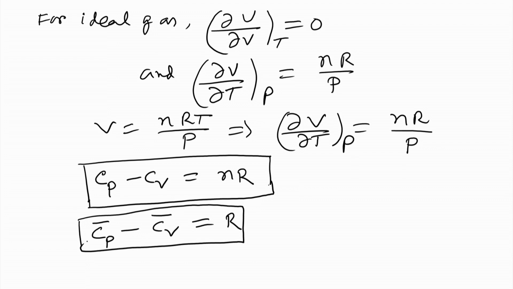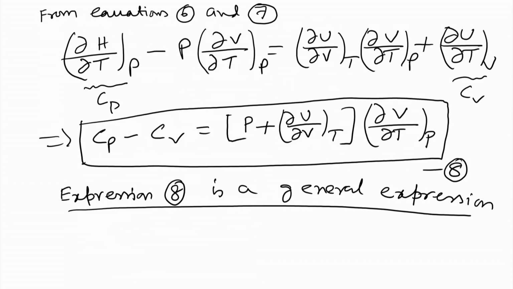Okay. So, Cp minus Cv is equal to nR for ideal gas, but we should remember equation 8 carefully, because this is the general expression. Okay. The ideal gas case is a special case. Okay. That is it.